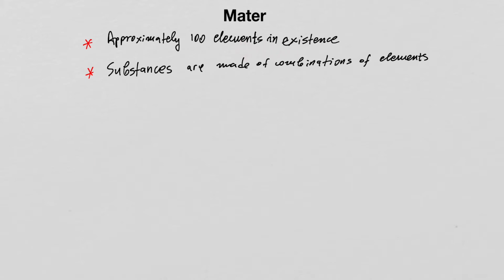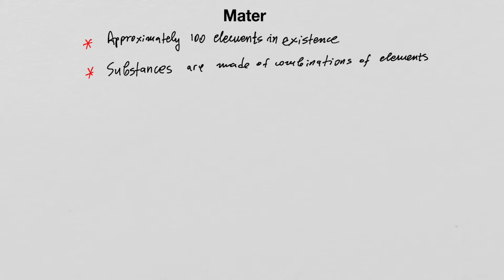And so substances are made of combinations of those elements. Since the number of combinations that are possible is essentially indefinite, we have a giant variety of substances or matter in the world and the universe in existence today.